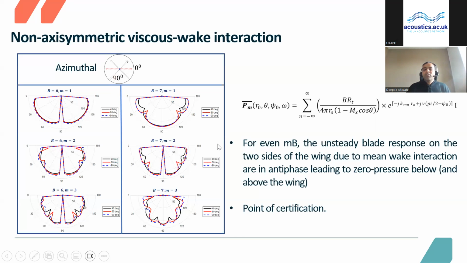And we tried to add the phase of each mode. What we realized is that for even combinations of m times B, where m is the harmonic index and B is the number of blades of the propeller, the unsteady blade responses on the two sides of the wing due to mean wake interaction are in antiphase, leading to zero pressure exactly below the wing.